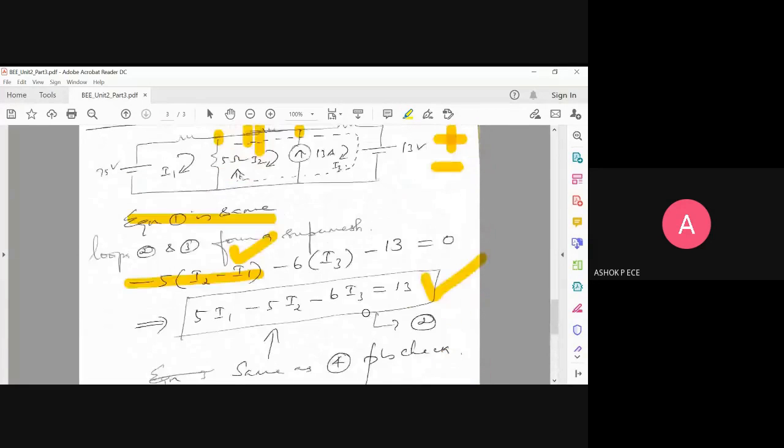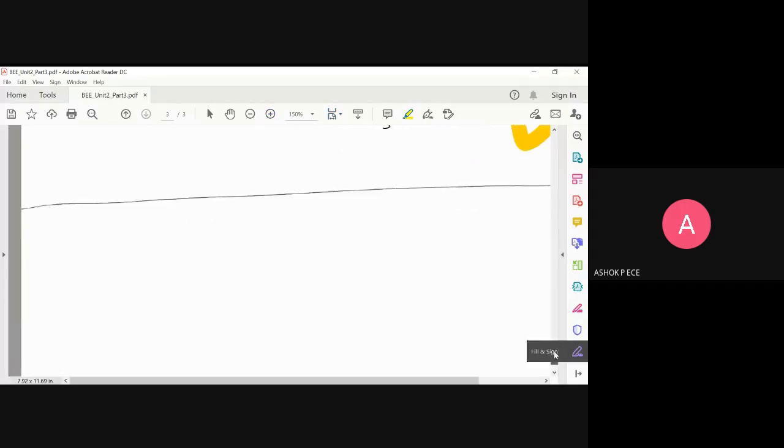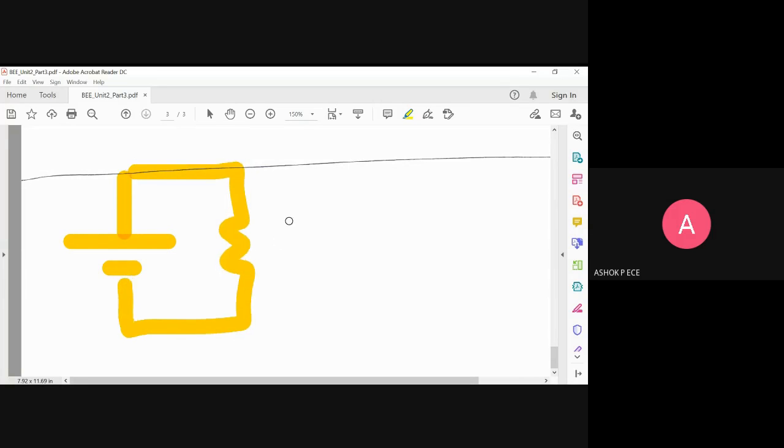If anybody has doubts, you can ask. And one more thing I need to say: in your assessment, one problem was given. Whenever you have a voltage source in parallel with a resistor, it is effectively equal to only the voltage source. You can remove the resistor.